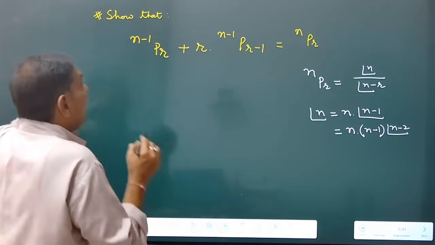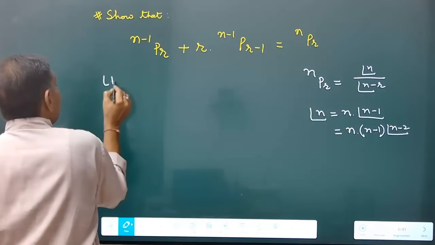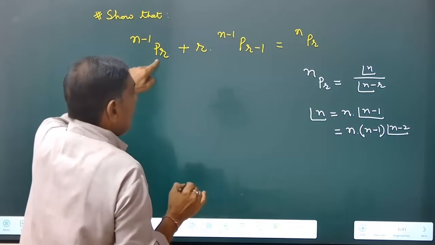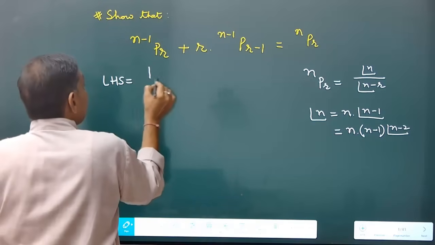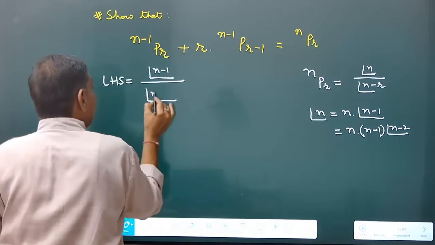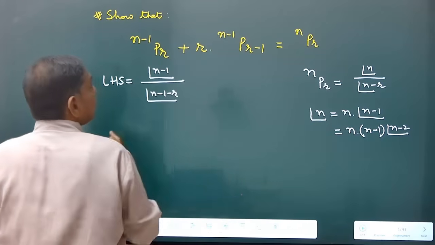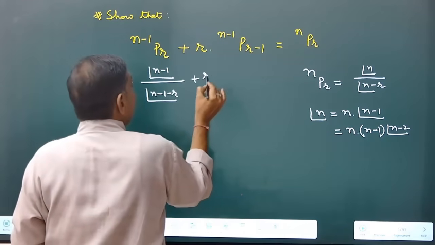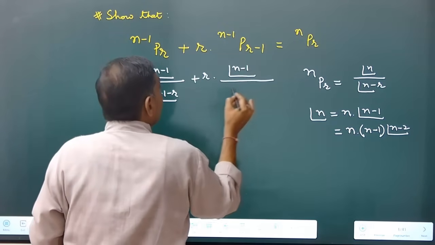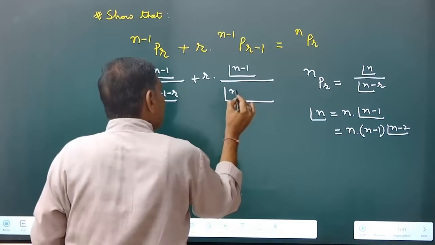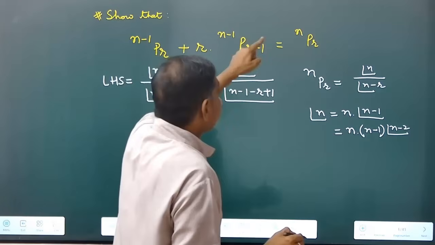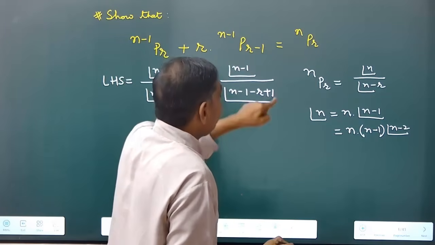We will start with the LHS. If I apply the formula here, n minus 1 Pr can be written as factorial n minus 1 upon factorial n minus 1 minus r, plus r times factorial n minus 1 upon factorial n minus 1 minus r plus 1, because it will be subtracted, so the sign of 1 will be changed.